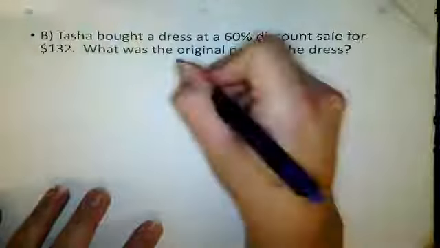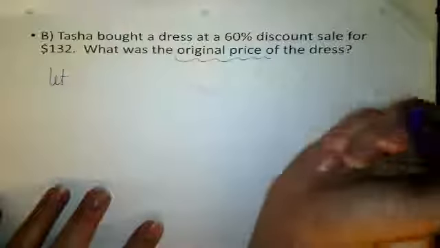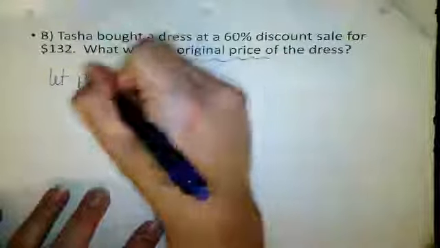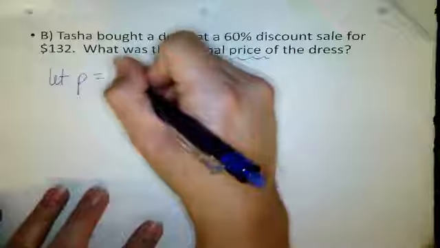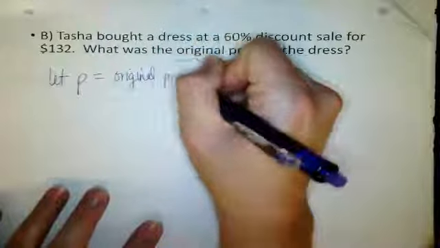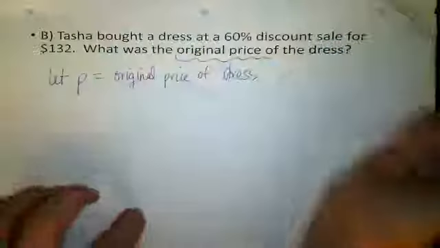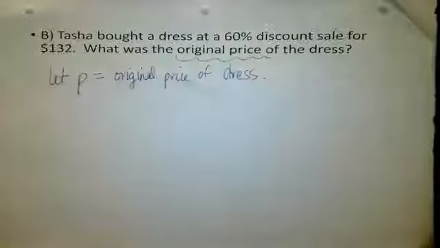Since we want to find the original price, we're going to let P equal the original price of the dress. I wouldn't want to use O, because it's confusing with the 0.